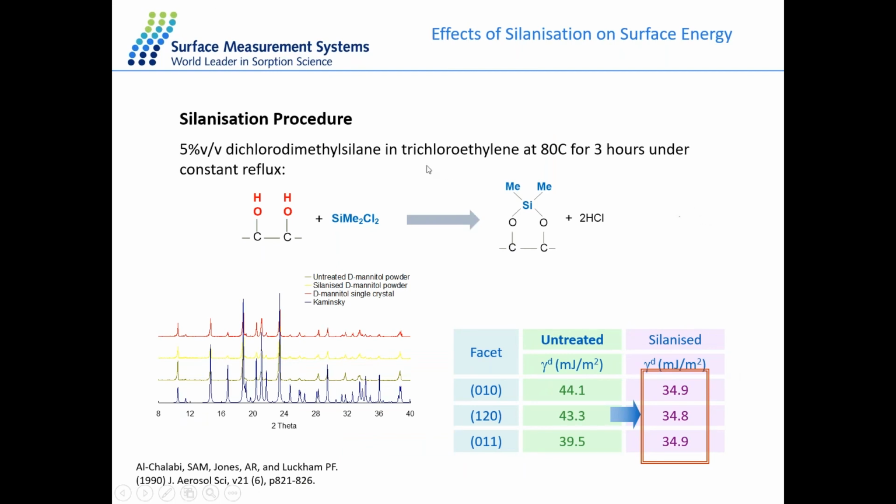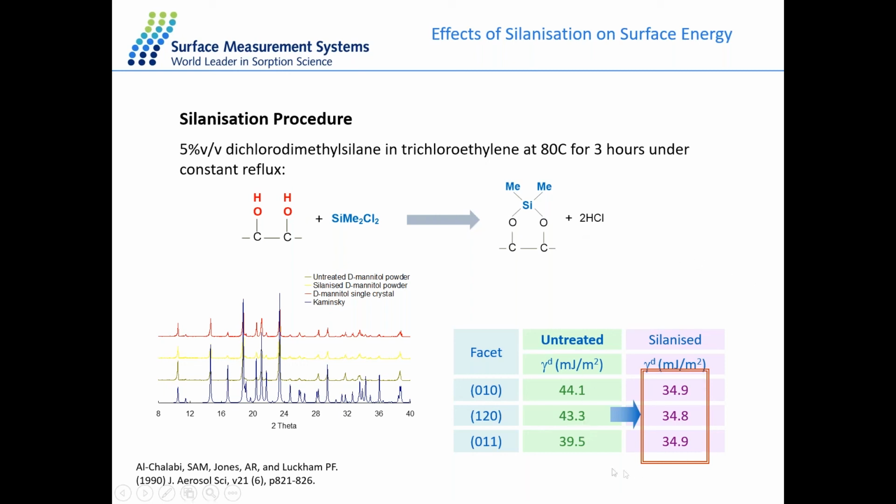So what we've done is undergo the silanization procedure of the D-mannitol. In this case, we use 5% dichlorodimethylsilane in trichloroethylene at 80 degrees for 3 hours under constant reflux. What that does is it takes the hydroxyl groups here and associates a silanization process where you have Si and Me groups on the sample.